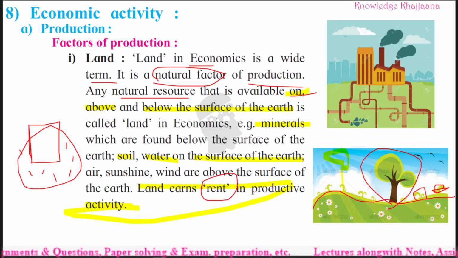So what is given in lieu of a piece of land? That is the rent. So what does land earn? Land earns rent in productive activity, because you are productively using that land. So land has importance. It has the first importance in the factors of production.